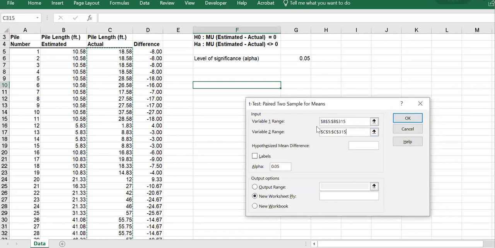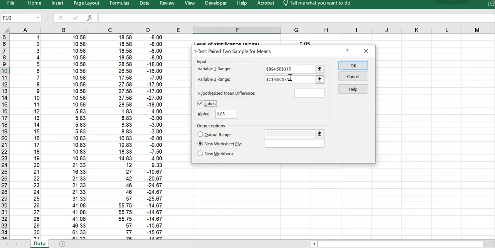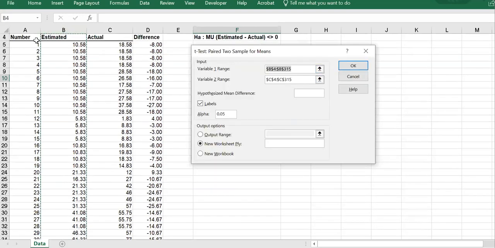I did not use the labels, but let me change it to B4 and this one to C4, that way I can check the labels, because in row 4, as you can see here, now estimated is included. So I check labels, so it's there.